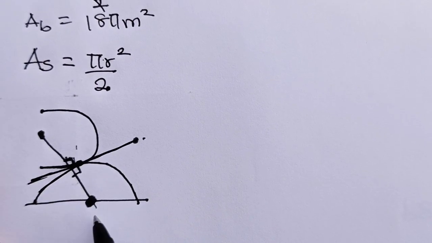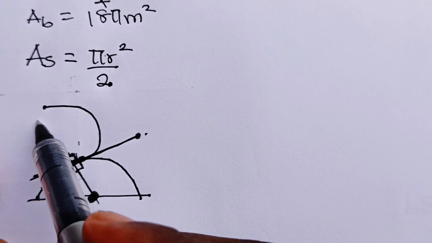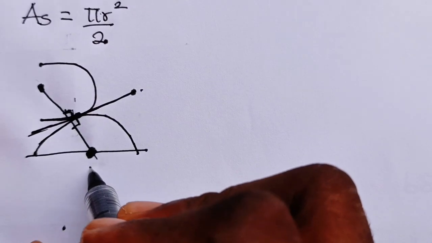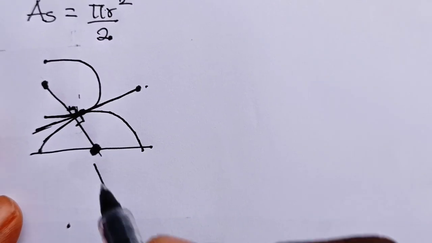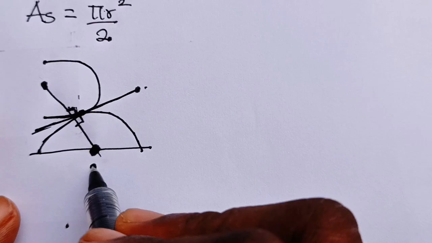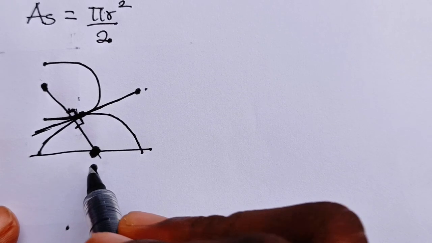So they're going to form a straight line together. That means we are going to have something like this. Let me draw it out, whereby this is the midpoint of the smaller semicircle, and this is the midpoint of the bigger semicircle.